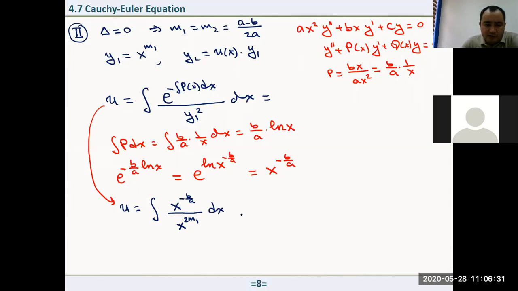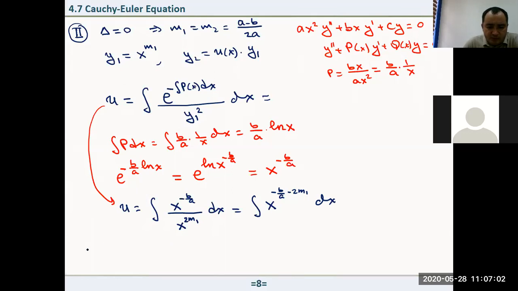Now if we simplify this, we have the integral of x to the power minus b over a minus 2m sub 1, dx. Am I missing something? No. I can simplify this.